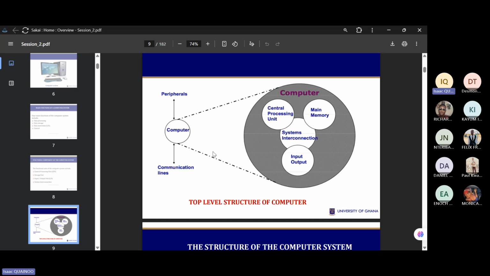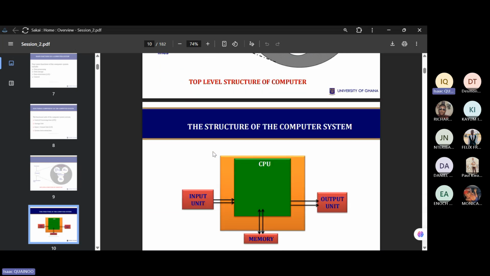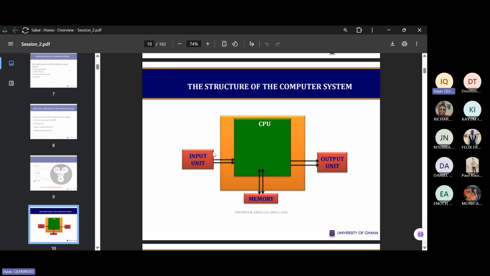So let us move forward. All right, now we are going to look at the structure of the computer system.